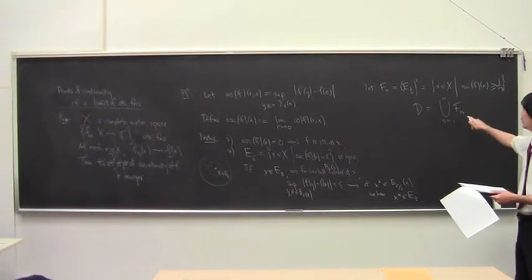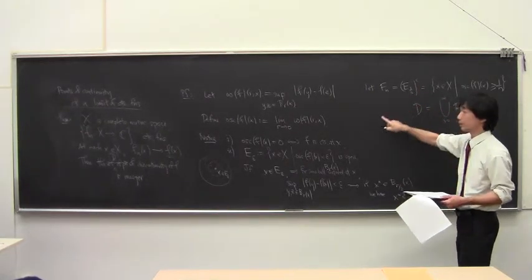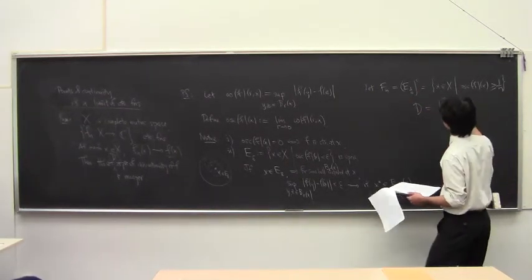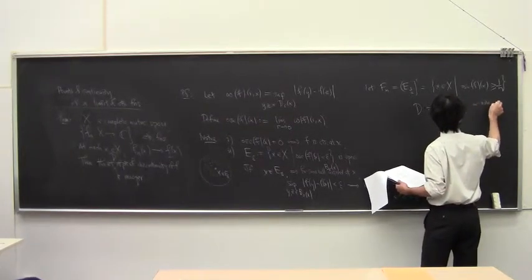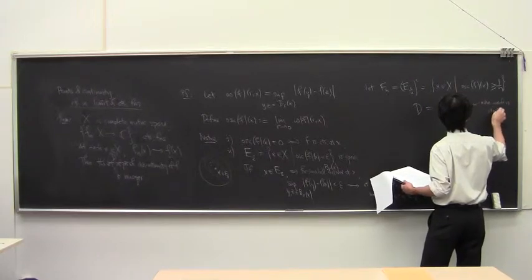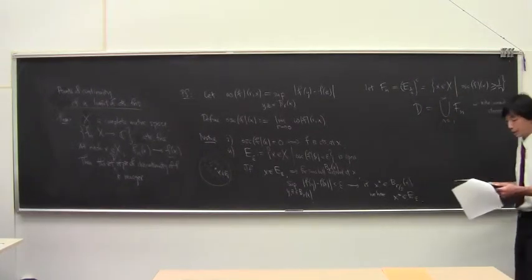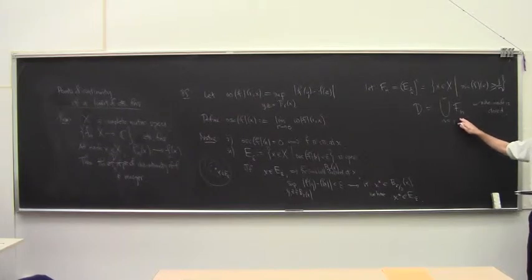Right. Note that each guy is closed. Right. It's the complement of an open set. So each is closed. And each of these guys is closed. And so what we're hoping to do is see that each of these guys is nowhere dense.